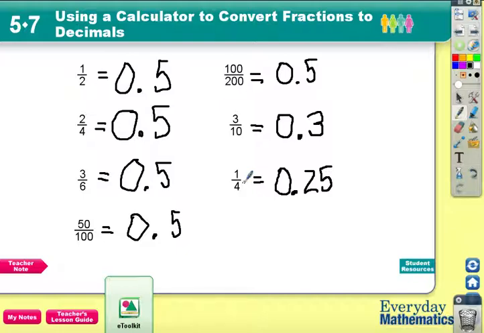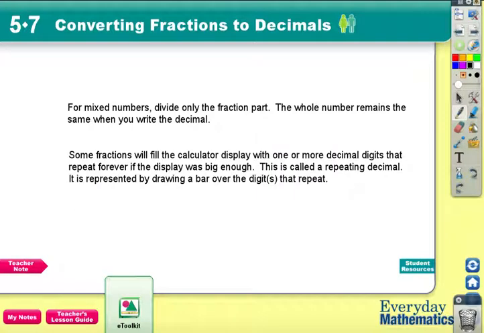Okay, so hopefully you have your journal page open to 142, and we are now going to use our calculators to divide the numerators by the denominators and write the decimal names in the spaces to the left of the fraction names. Just a couple things before you begin that I want to emphasize. For mixed numbers, divide only the fraction part. For example, if I am changing 3 and 1/2 to a decimal, the whole number, which is my 3, is going to remain the same.